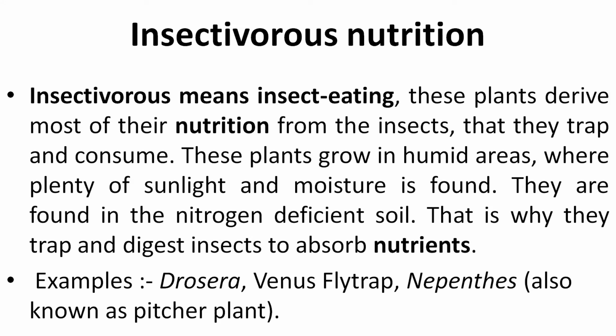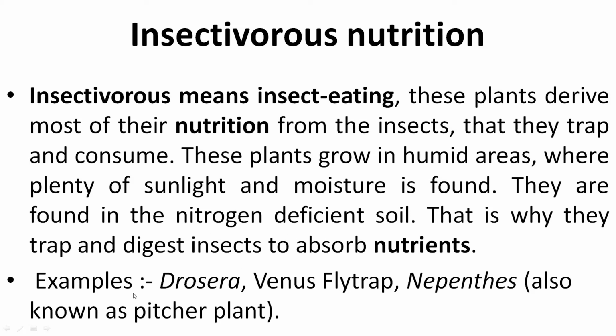In the nitrogen deficient soil, where will these plants get the nutrition from? So, for its own growth and development, it traps the insects and obtains the nutrition directly from those insect bodies. That is why they grow on nitrogen deficient soil.